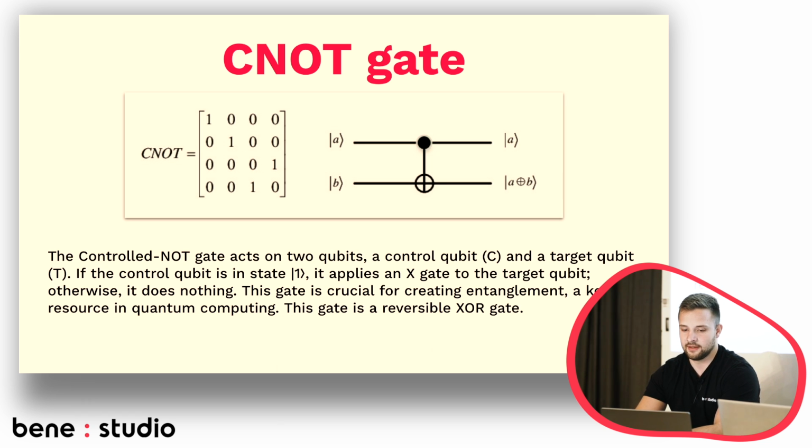Otherwise, it does nothing. This gate is crucial for creating entanglement, a key resource in quantum computing. We can also think of this gate like a reversible XOR gate.